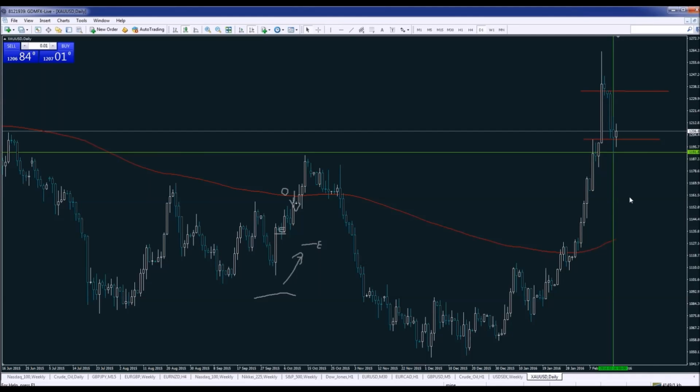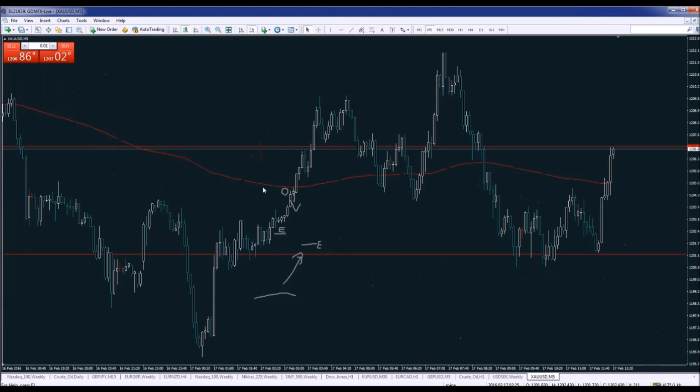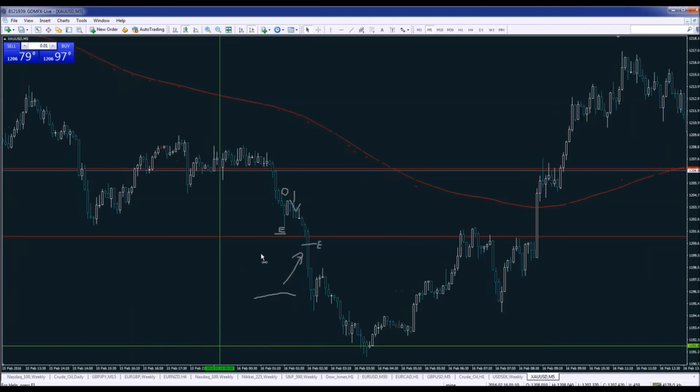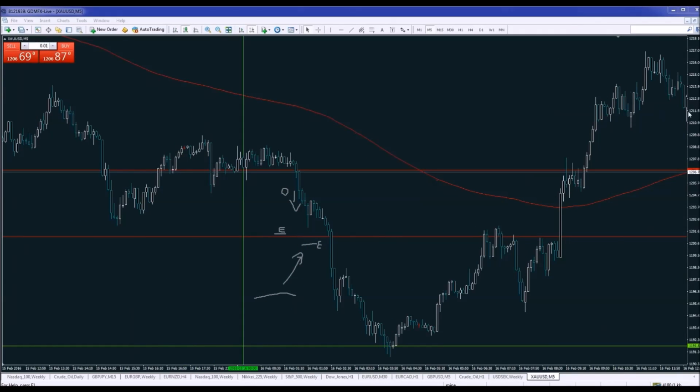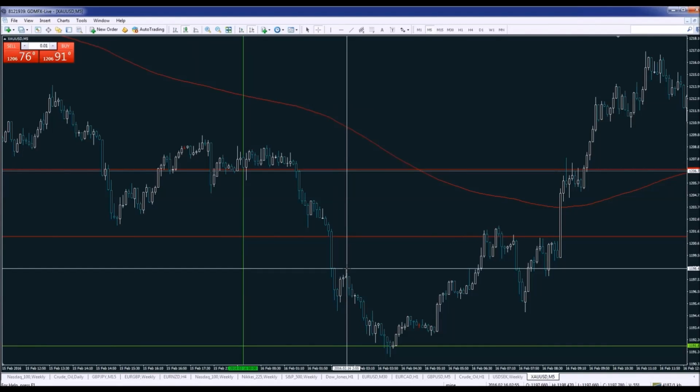I'll tell you why. Because let's have a look at the smaller time frame again. I want you to notice that when we speak about price action, you see the price action is so quick that sometimes the price has no time to retrace.